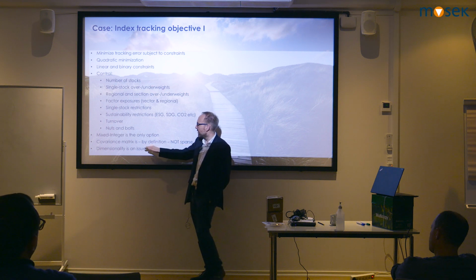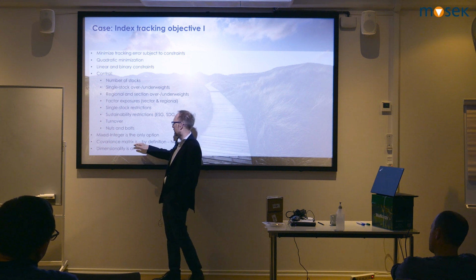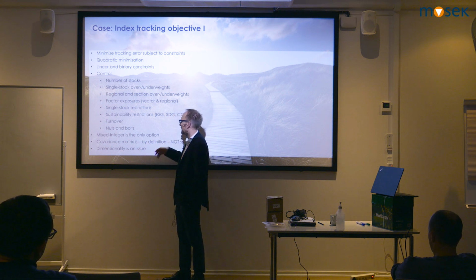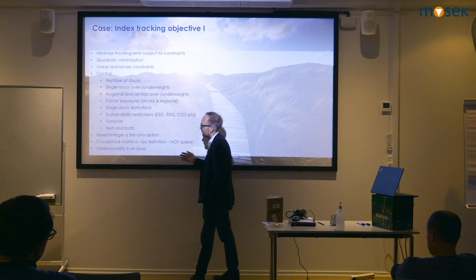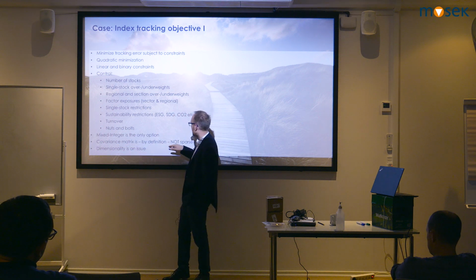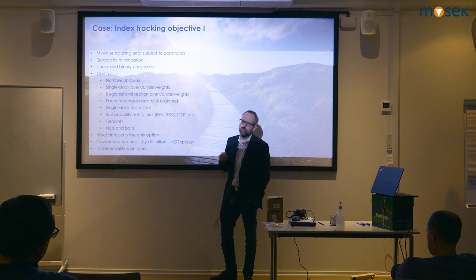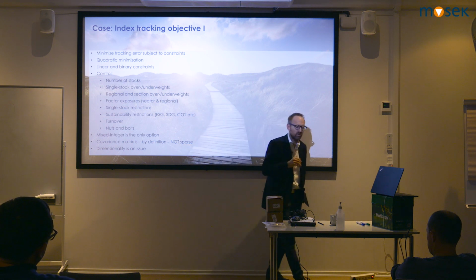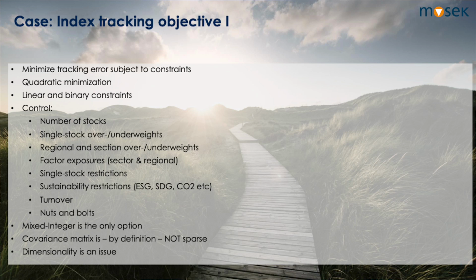So at least for now, we don't use the factor structure. I guess going forward, we'll probably introduce some factor structure as an addition to what we do today, but today we don't, and that just means that it's definitely not a sparse covariance matrix that we're dealing with, which obviously only makes things more complicated.